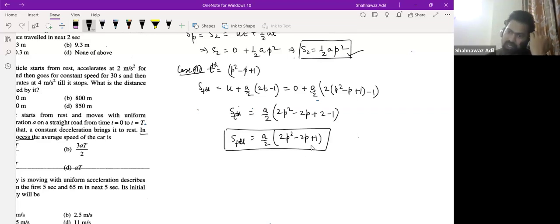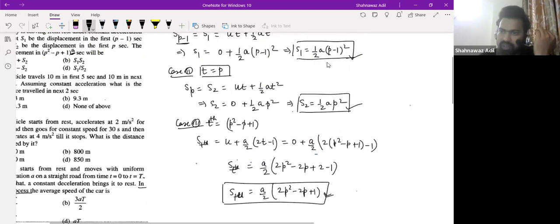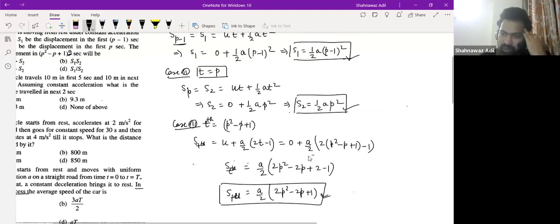What should I do in here so that I can use these two relations? There is only one trick and that will give you the answer. What should I do in this whole thing so that I can relate these two things?